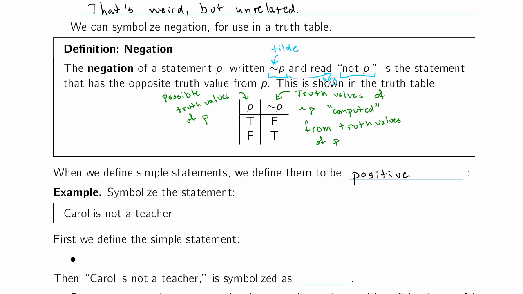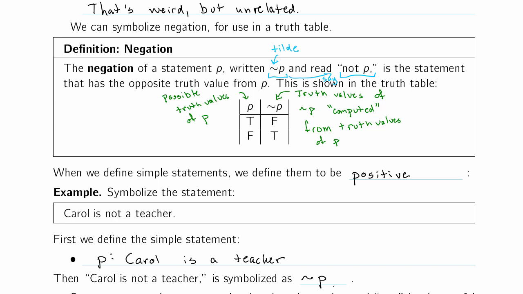If we want to symbolize Carol is not a teacher, well, first we define our simple statement to be Carol is a teacher. And we can use the letter P to represent that. If P represents the statement Carol is a teacher, then the statement Carol is not a teacher is symbolized as not P.